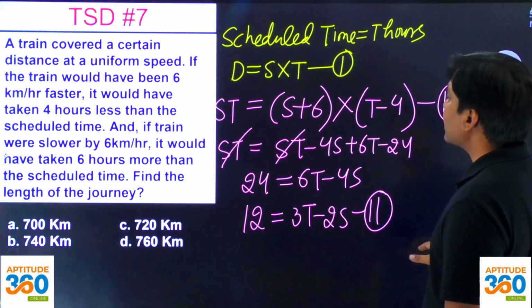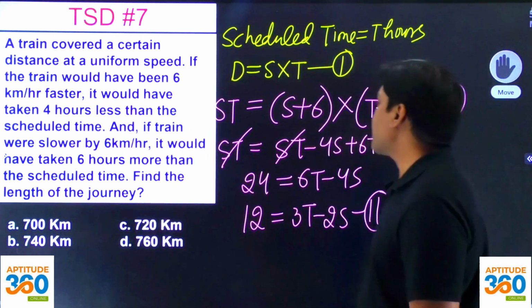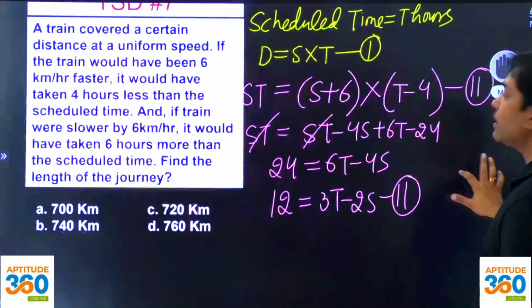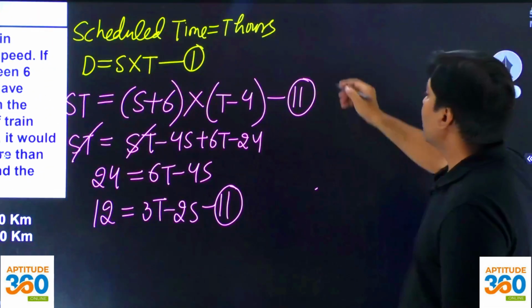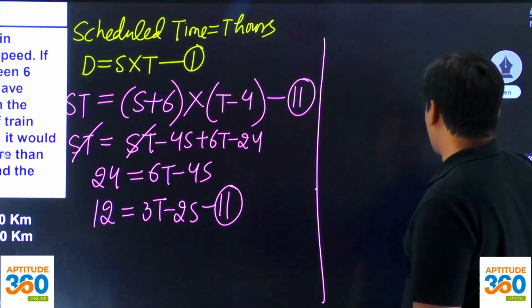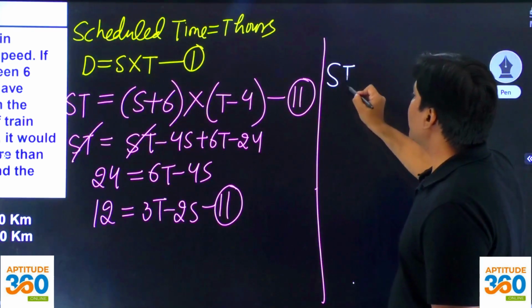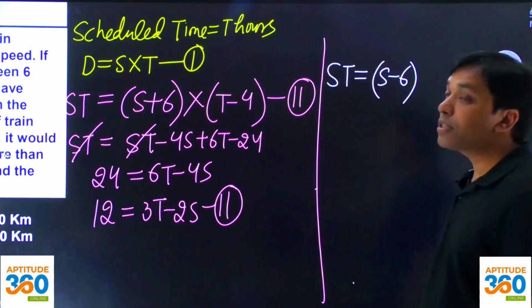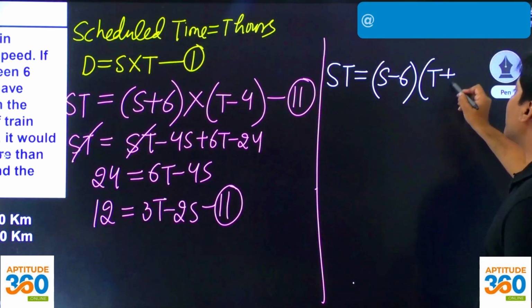And as per the second condition, the problem tells you that if the train were slower by 6 kilometers per hour, so अगर ट्रेन को slow होना है, then the time would have been 6 hours more. So in this situation, st is going to be, स्पीड को कर दिया 6 कम, और अगर 6 कम कर दिया तो प्रॉब्लम बोलता है कि ये जो टाइम है वो 6 घंटे से बढ़ गया.